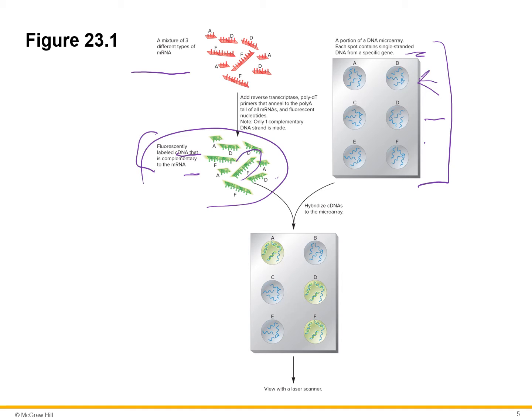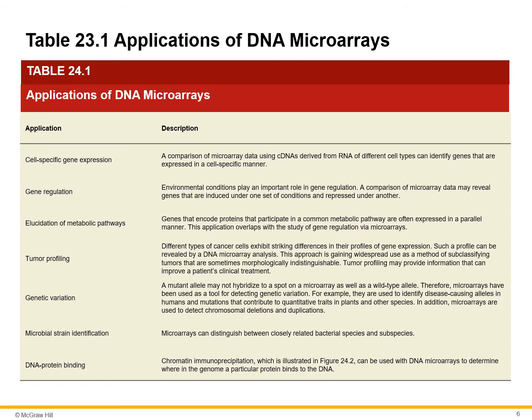So you have this piece of DNA that represents a particular mRNA that's being transcribed, and if that is being transcribed, it will attach to the corresponding DNA sequence on the well. There's usually some type of fluorescent label added to it that can be detected, so you will see different colors based on whether or not that gene is being transcribed. That's done by a laser scanner, not by naked eyes, because the spots are too small to see. So this is a pretty amazing technology.